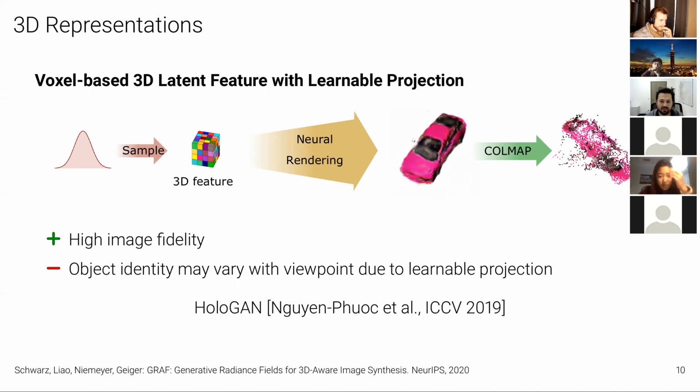This gives you some indication of how multi-view consistent your representation is, because these classical methods like COLMAP assume that the scene is multi-view consistent. Here we see that it suffers in multi-view consistency.